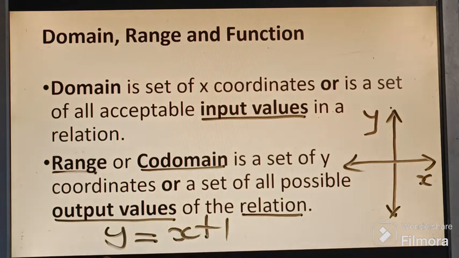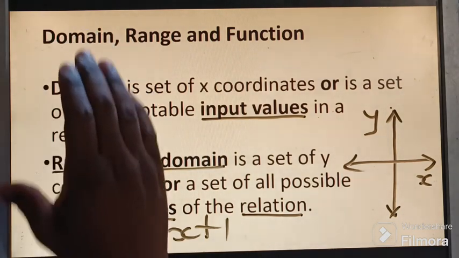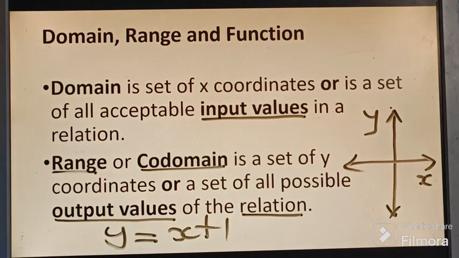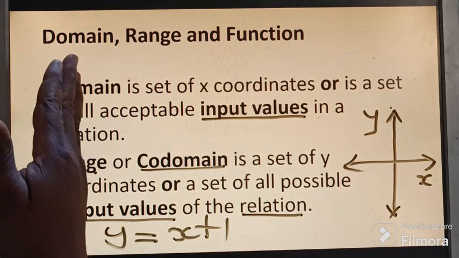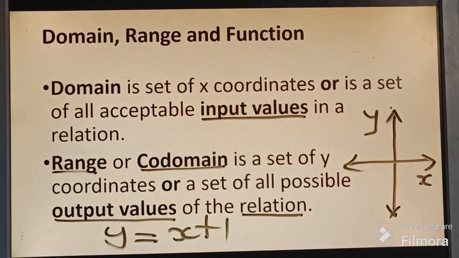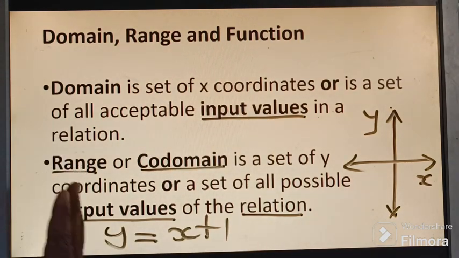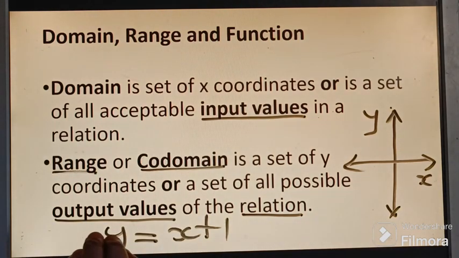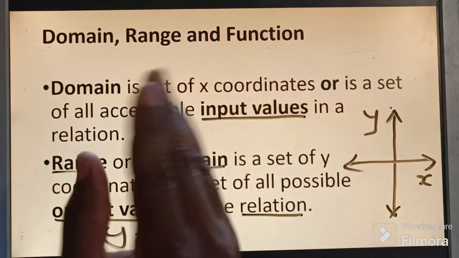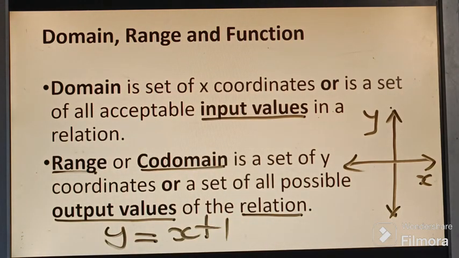Ukalowetsa x, umapeza y wake. Each and every x value has a corresponding y value. So this is the difference between a domain and a range. Chidule imamba the domain, then we find the range. The domain are the input values, while the range or the codomain are the output values of the relation.